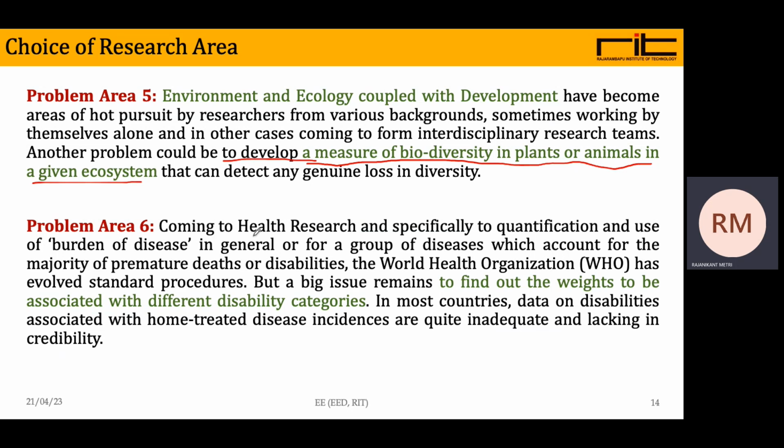Similarly, the broader area may be health and diseases. Health research is one broader area, and a sub area is to find out the weights to be associated with different disability categories. So this is again a sub area.